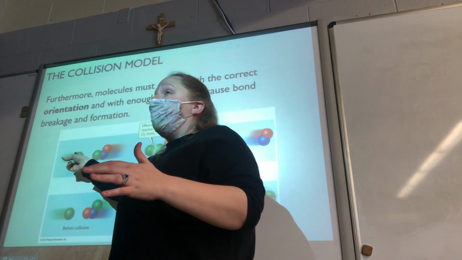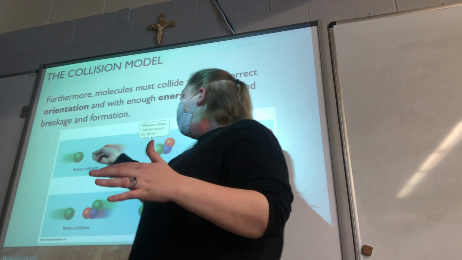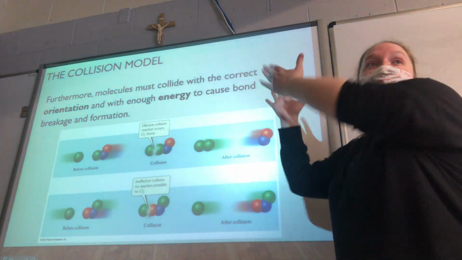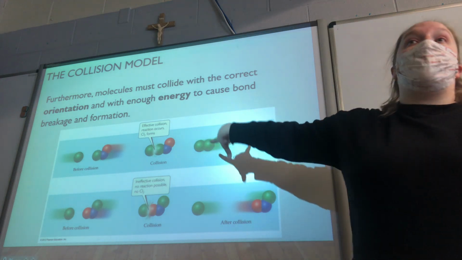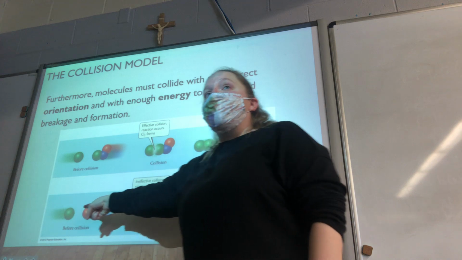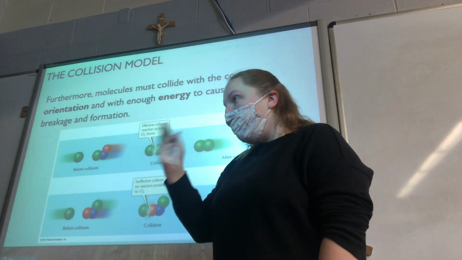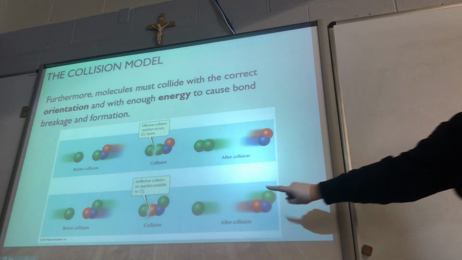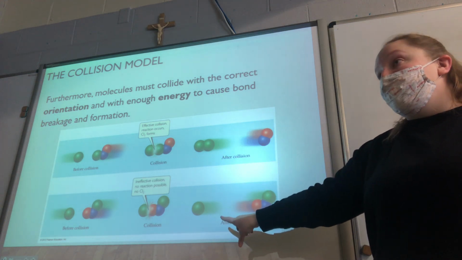In this particular case, one part of the molecule interacts with another, they collide, and then the collision results in the breaking apart and forming of two new molecules, right? In the second one, since that collision does not happen in the exact right way or orientation, the overall collision does not result in a reaction.